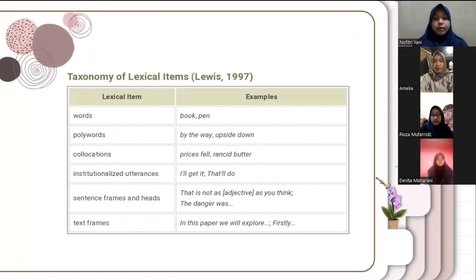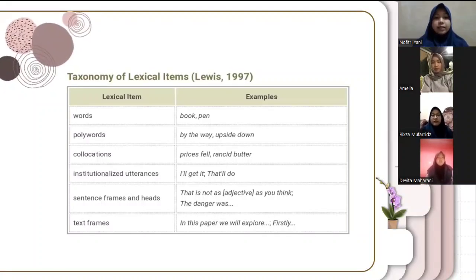And the third is collocation. Collocation is a predictable combination of words. For example, we can say heavy rain but not strong rain because it does not sound right. Other examples are prices fell and rancid butter.